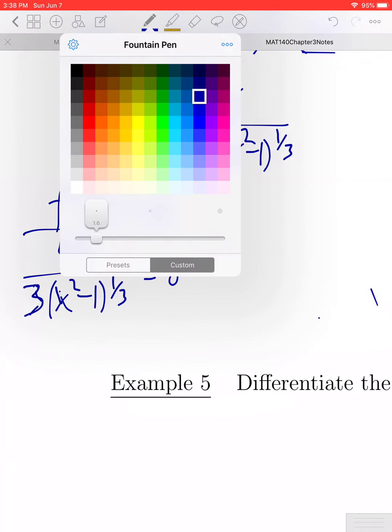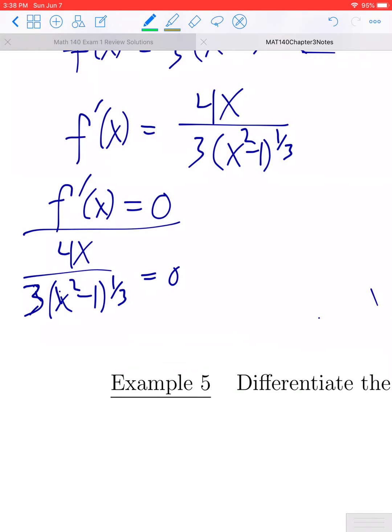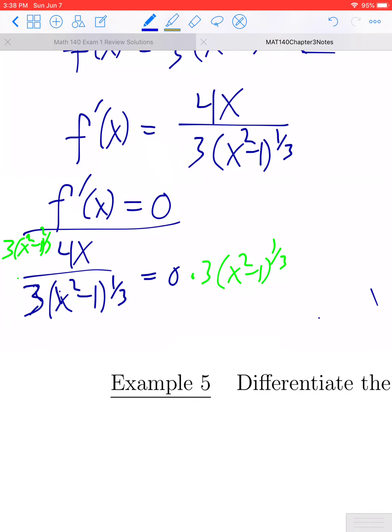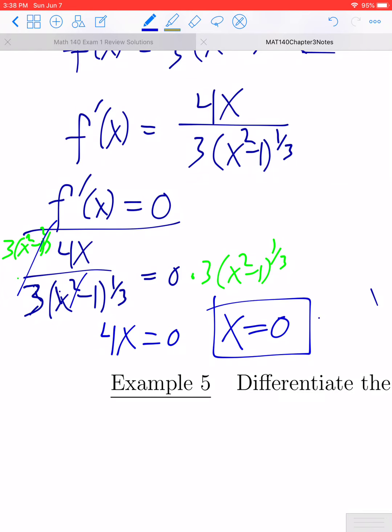And to solve this fractional equation, what we would do is the common algebraic trick, multiply both sides by the denominator in order to clear off these fractions. I'm just going to squeeze it and wedge it in here, times 3 times x squared minus 1 to the 2/3. It'll simply reduce to 4x equals 0, divide both sides by 4, and so we get x equals 0.